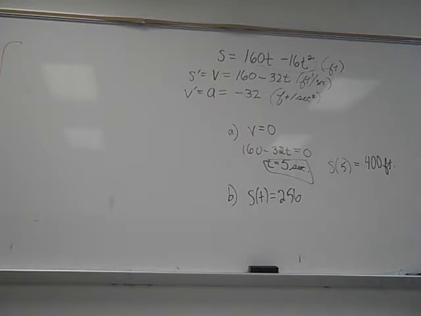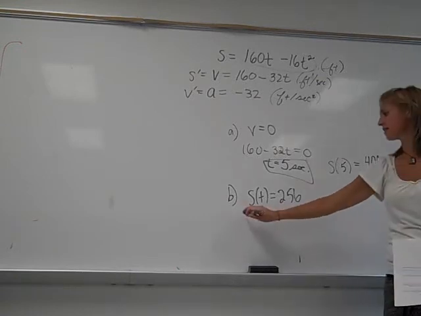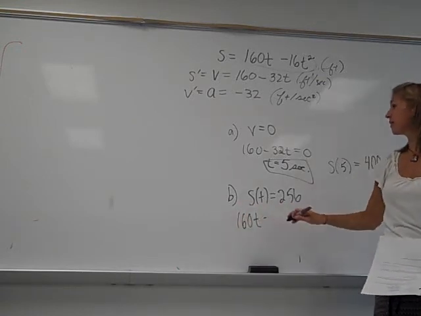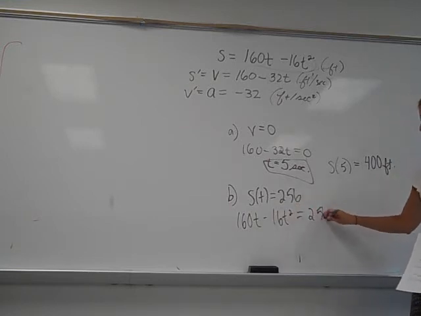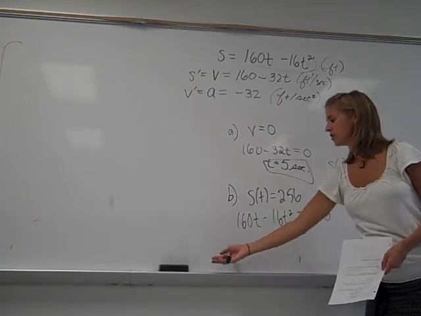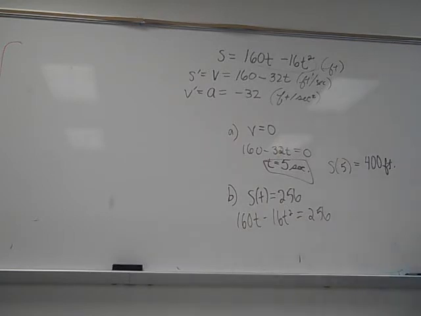I don't know what time it's happening at, but if I set the position equal to 256, that's going to tell me when the thing is 256 feet high. So this would be a calculator problem too. I don't want to go through all the math with these huge numbers. How would you do that quickly on your calculator?